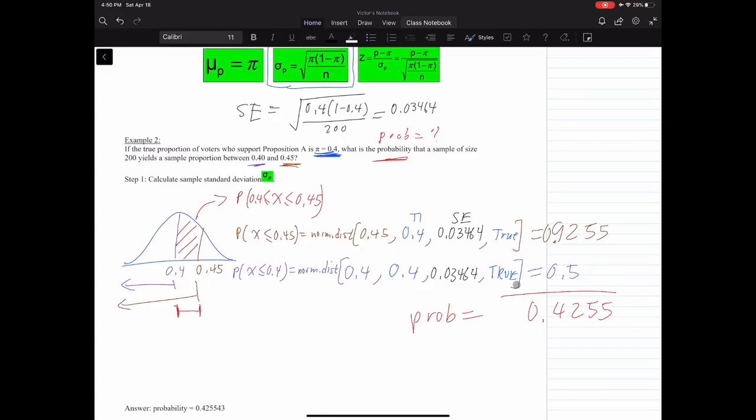Once you plug that into Excel, that probability is going to be 0.5. Once we have the two probabilities, we subtract them, and we get 0.4255, which is the red area here. That is the area of x between 0.4 and 0.45, and that's your answer for example 2.